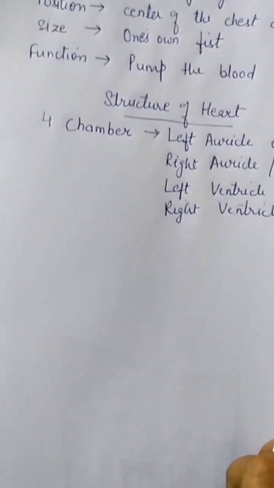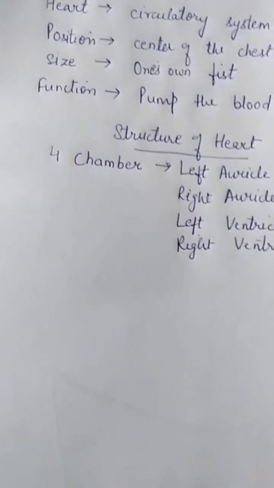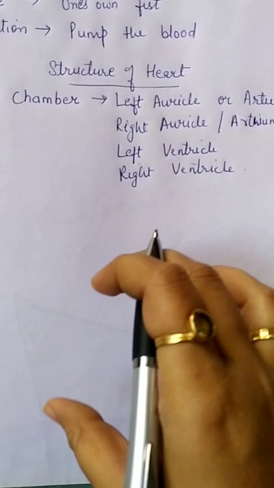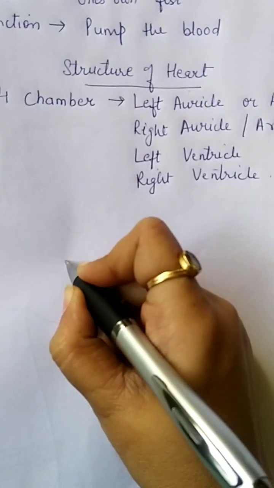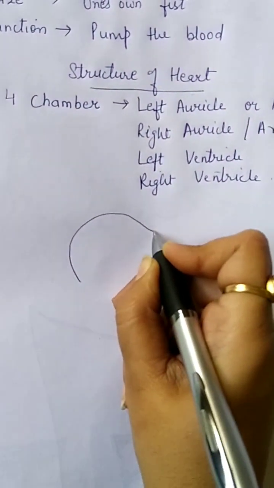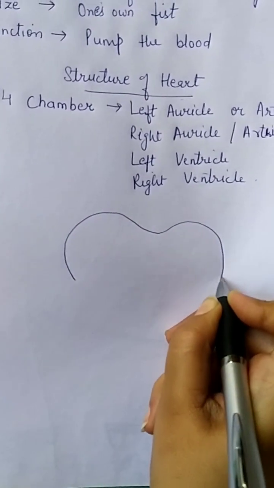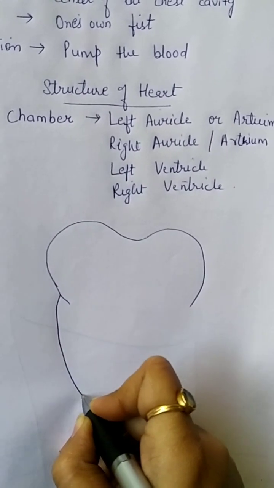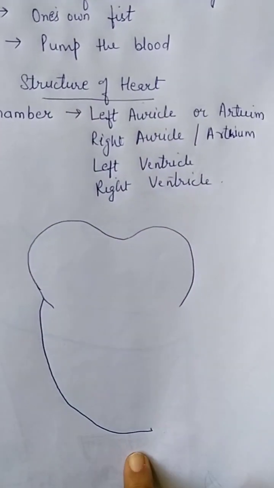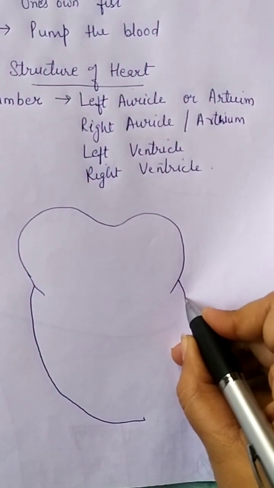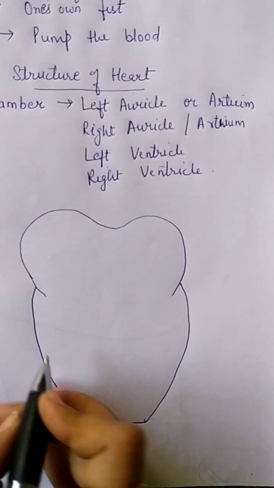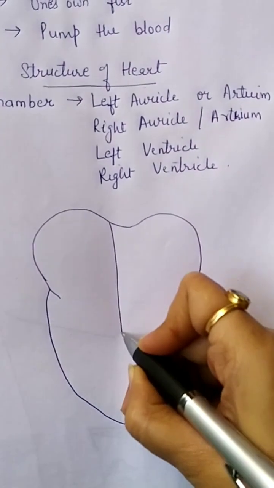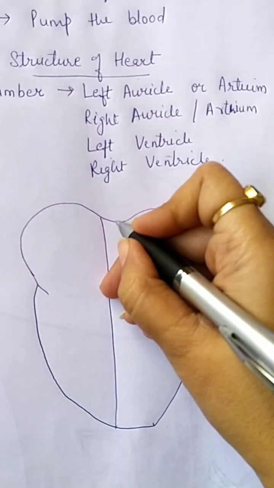Now, how does our heart look like? So I'll draw a rough diagram and explain to you the structure of heart and its function. It is slightly tilted towards the left side. So this is the partition between the left side and the right side.